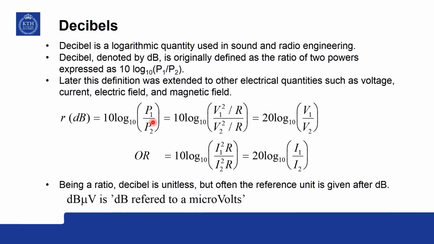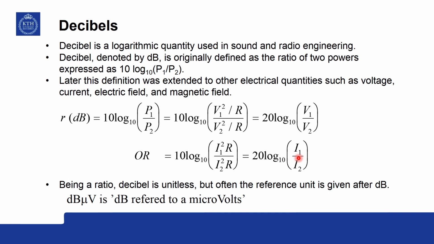The reason for that is that, for example, power is given by voltage squared by R, where R is the resistance, or I squared R, where I is the current. So, here you can see V squared and here you can see I squared, then this 2 is taken over here to become 20 log V1 by V2 or 20 log I1 by I2.